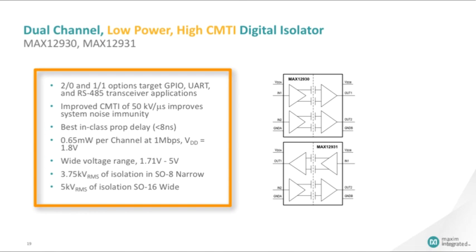Key benefits of these products are improved CMTI of 50 kilovolts per microsecond, which improves system noise immunity, best-in-class propagation delay under 8 nanoseconds, 0.65 milliwatt per channel at 1 megabit per second with VDD equal to 1.8 volts, a wide voltage range available, and 3.75 kilovolts RMS of isolation in an SO8 narrow package, and 5 kilovolts RMS of isolation in an SO16 wide package.